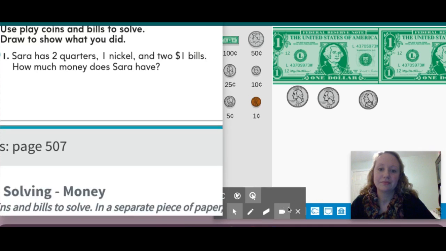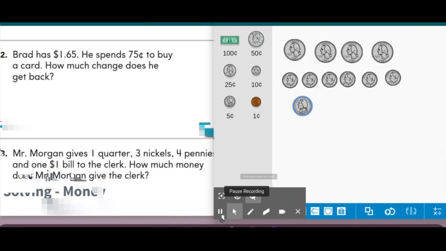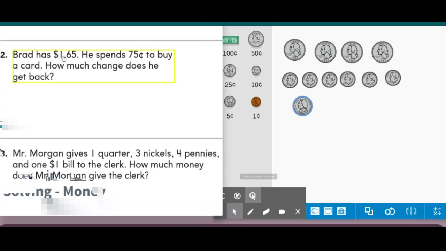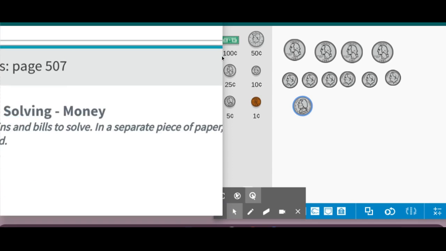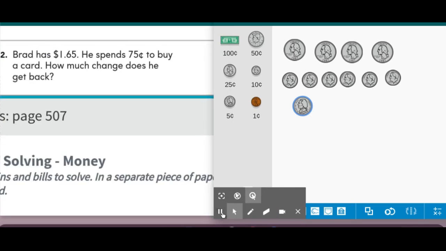All right, our next problem says Brad has $1.65. He spends 75 cents to buy a card. How much change does he get back? All right, the question is asking how much change he gets back.